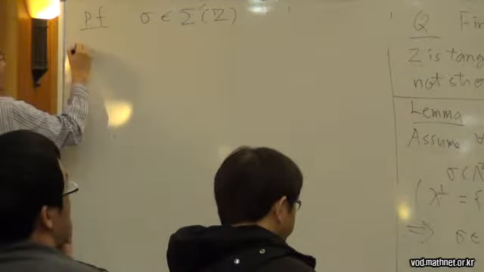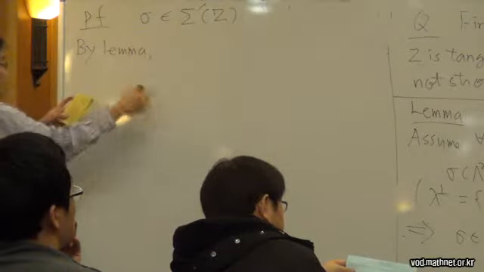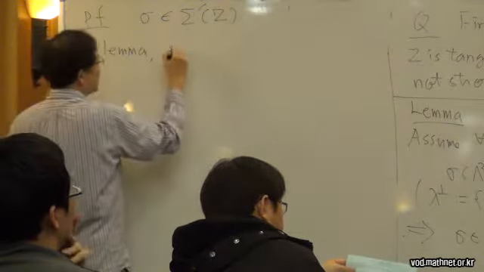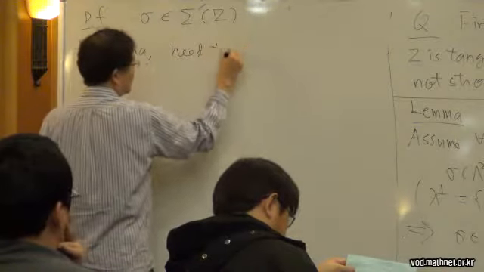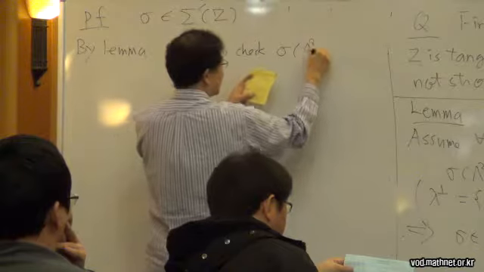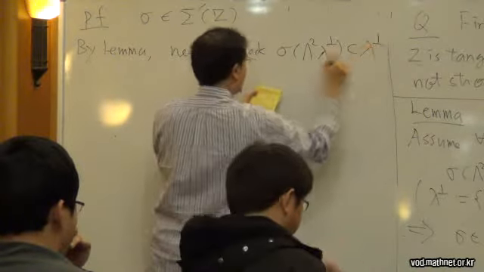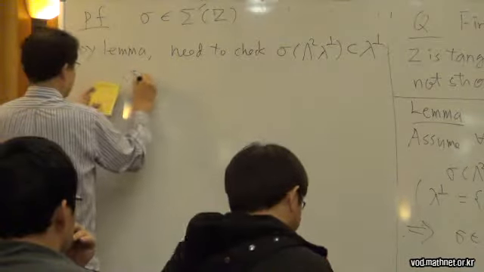So by the lemma, we need to check that sigma lambda square is in lambda for general lambda.